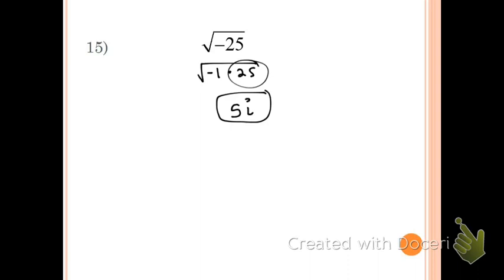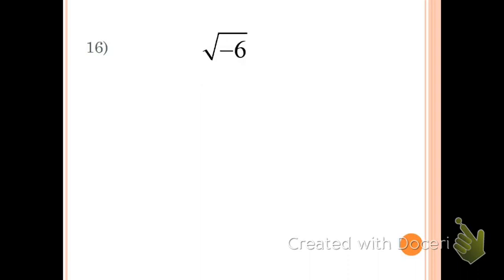Have you done a little bit of imaginary before? No? Okay, so then on this one, you can't take the square root of 6, but you can take the square root of negative 1. So how about I square root 6?